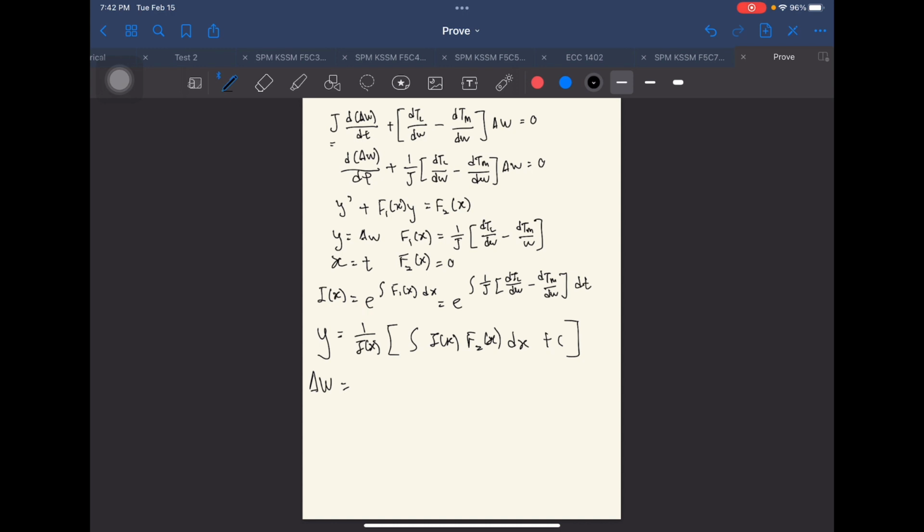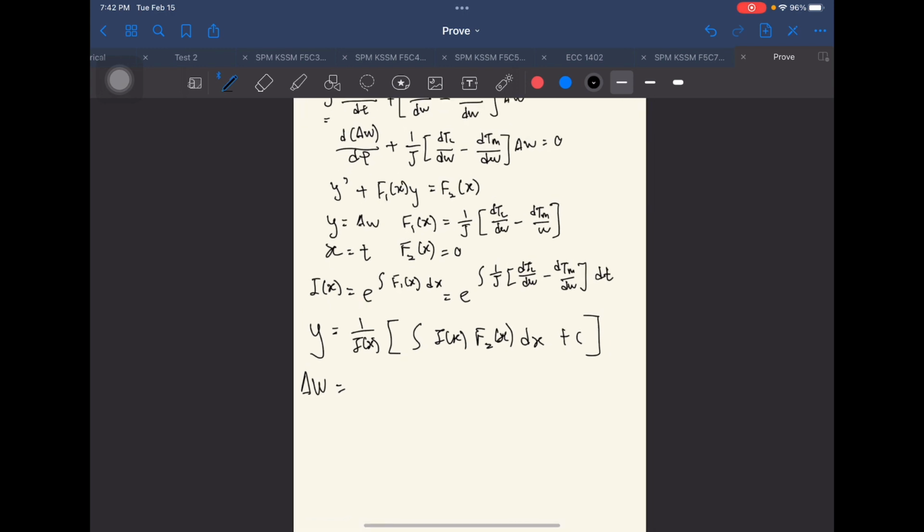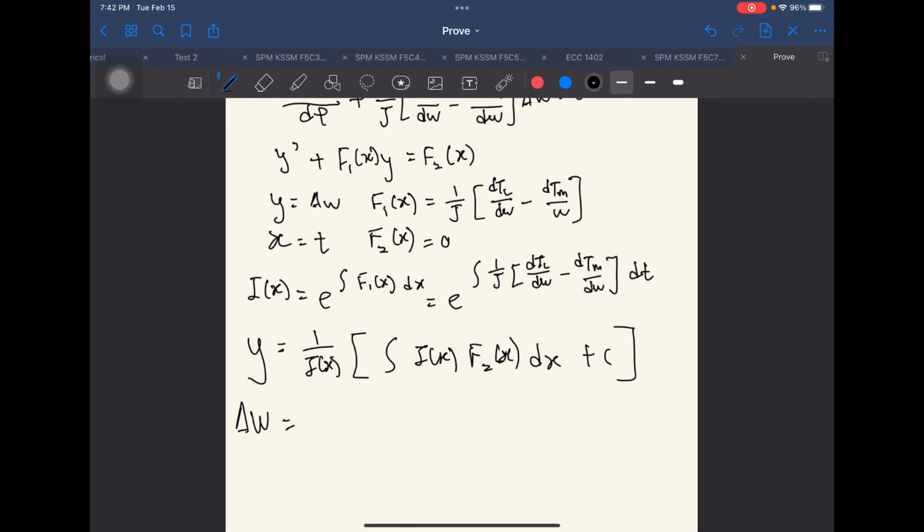1 over ix, which is what? 1 over ix is the inverse of this thing, right? So if you integrate these things, as you can see here, your term here is not in terms of this small t, so this is a constant.